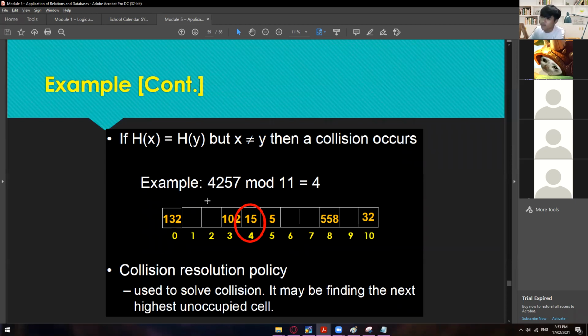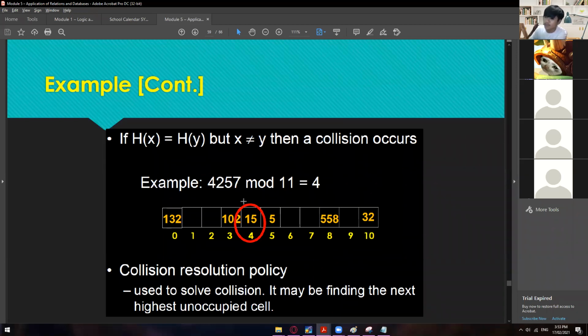So we have here actually a problem, for example, collision. What if we have the same data occupying the same cell? For example, this one, 4,257 mod 11, which will give you a remainder of 4. As you can see, your fourth cell is already occupied. In storing a data, this is a first come, first served basis.